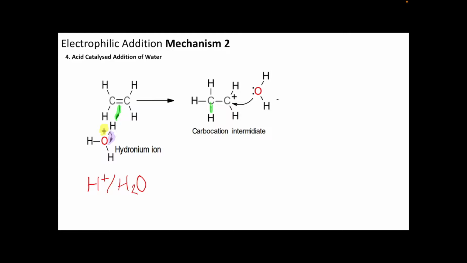So here's our carbocation intermediate. You can see in green the bond that is formed between the carbon and the hydrogen from the hydronium ion. You can see that the carbocation intermediate, as you would expect, has a positive charge on it. And what happens now is that water now uses one of its lone pairs to form a bond with the positive carbon.